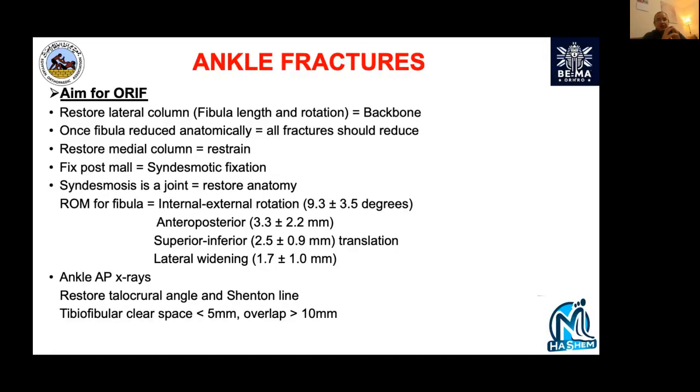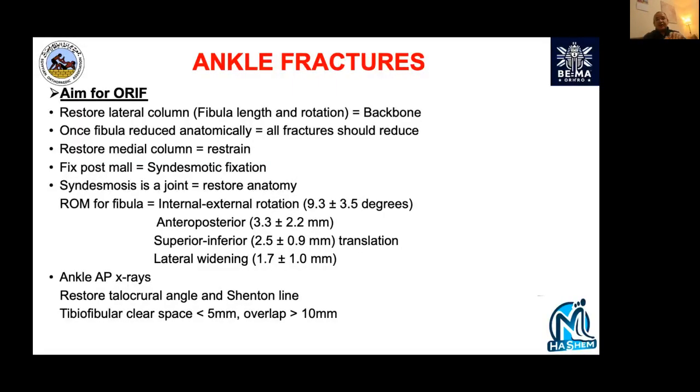The anatomical studies have shown that the fibula moves inside the syndesmosis in all directions. So rotating internally, externally about 10 degrees, moving antero-posterior about 3 to 5 mm, moving superior inferiorly about 2 to 3 mm, and lateral widening or coming out and in is about 2 mm. And logically, if you go and fix the syndesmosis with a screw, you just stop all this movement.